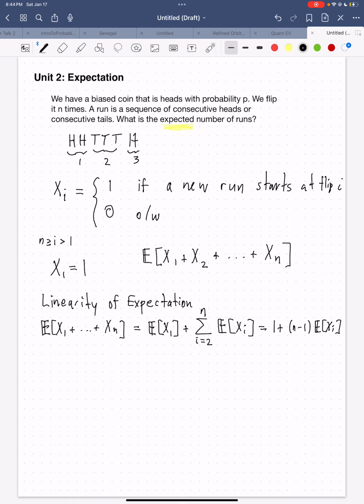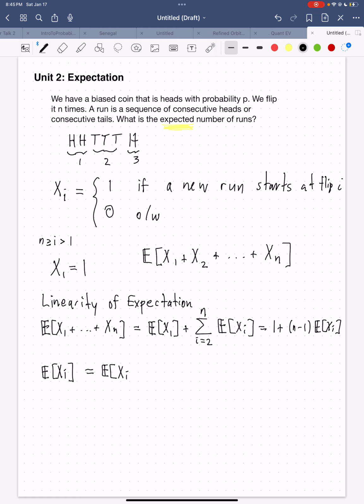So now, how do we compute the expectation of Xi? Well, if we're at the ith flip in some sequence of heads or tails, in order to know if it's going to start a new run, we need to know what the previous flip was. And so this suggests to calculate this, we should just brute force the possibilities, or in other words, use conditional expectation.